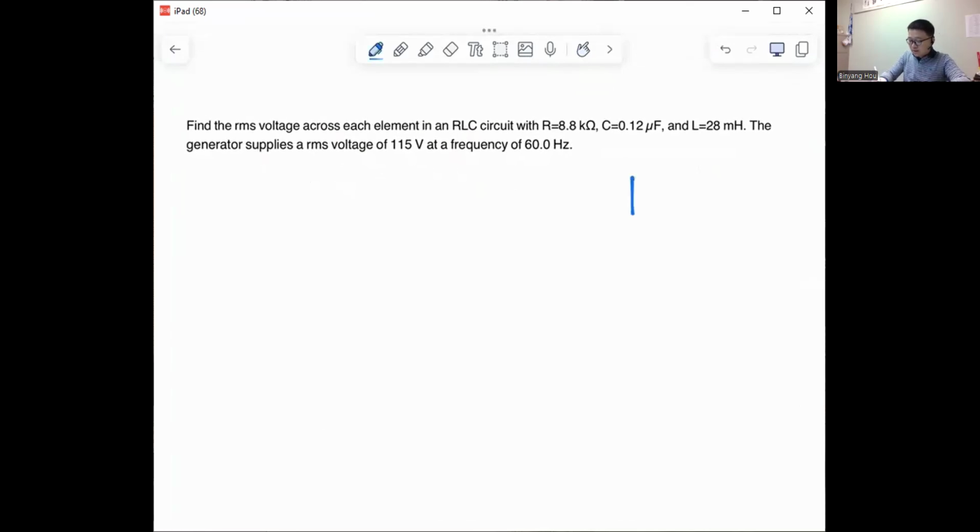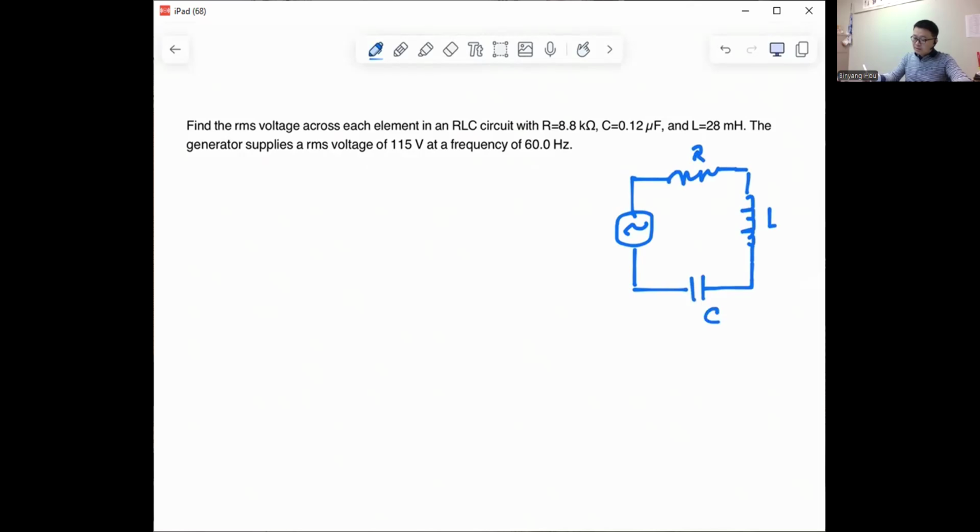For an AC signal, you draw a circle with a tilde line, which means it's alternating, like a sine or cosine function. Then we have the R, a zigzag line, then the L, and the C will be just two parallel lines. Okay, so this is our R, our L, and our C.